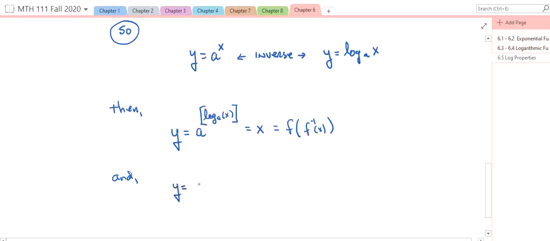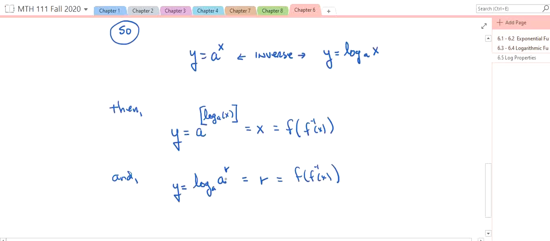Y equals, say, the log base a of a raised to some power, say r. Well, this is just going to equal r for the same reason, because this is f inverse of f of x.